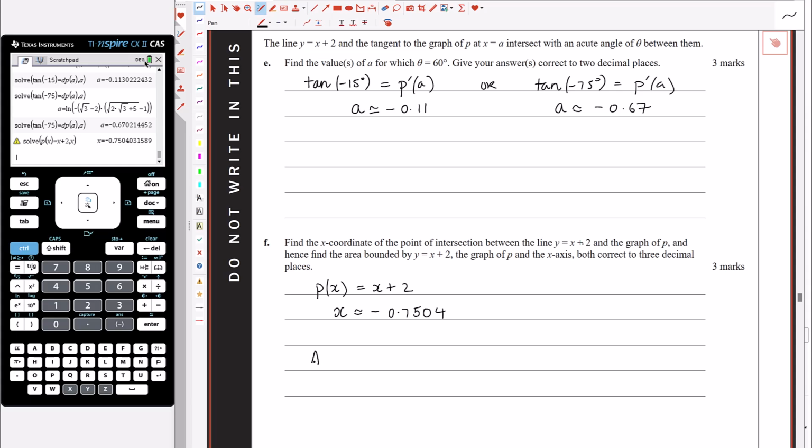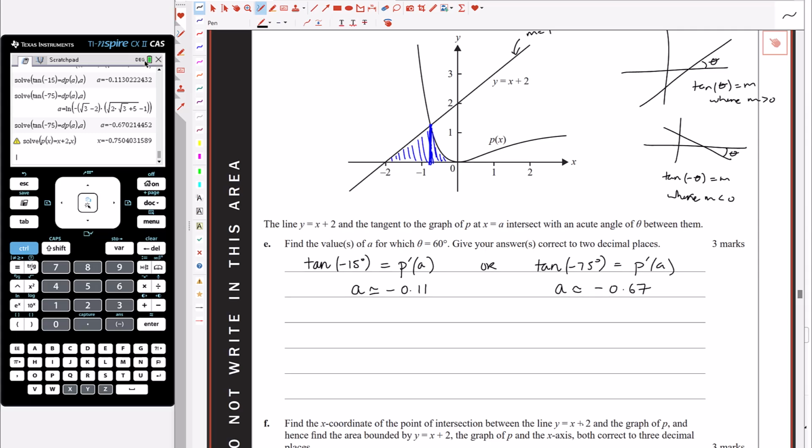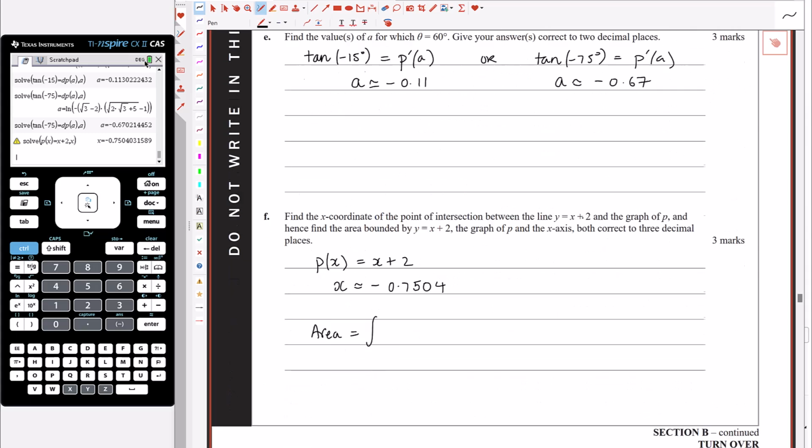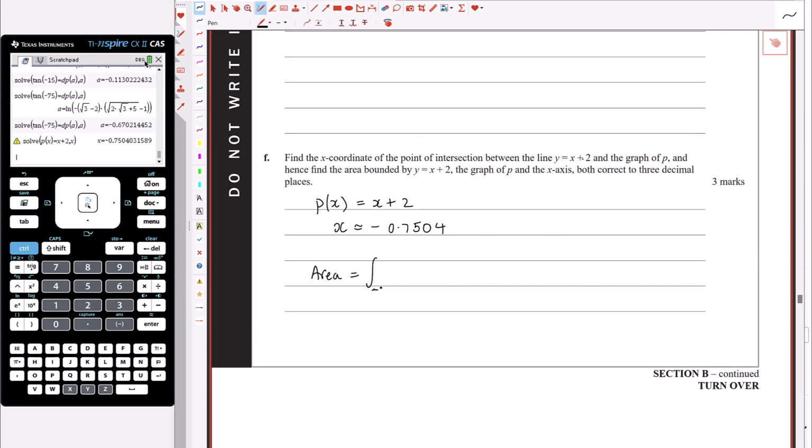Okay, so the area that we want is going to be the integral from negative 2 up to that intercept that we've just found, of the line.